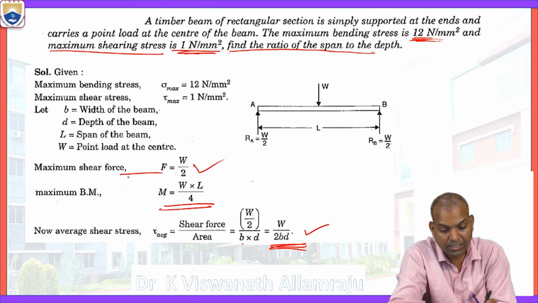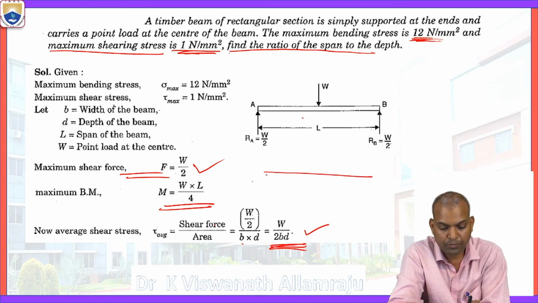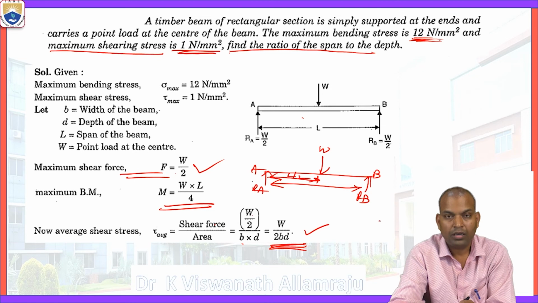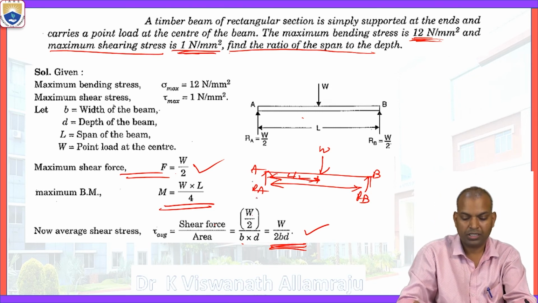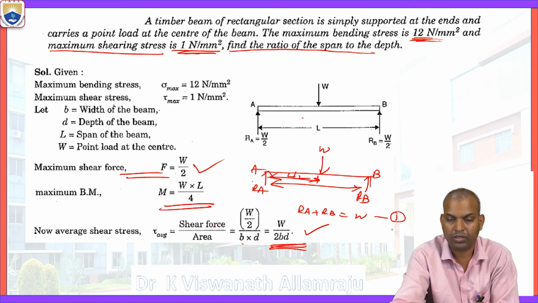For that, you have to calculate the maximum shear force. Suppose it is a simply supported beam with a load W at a distance of L by 2 between points A and B. This is RA and this is RB. How to calculate the reactions? By using equilibrium conditions, RA plus RB equal to W. That is equation 1.